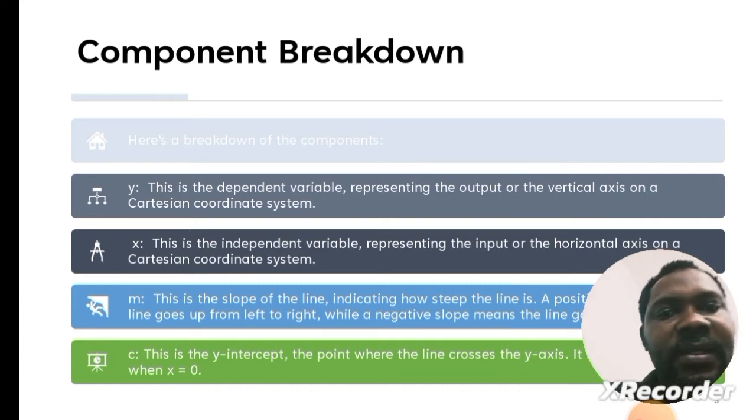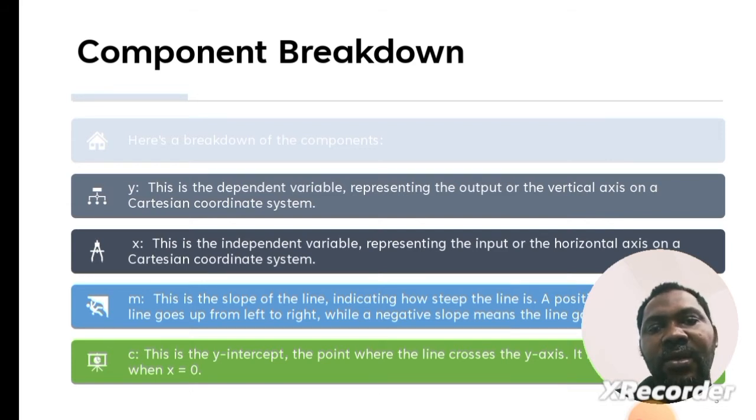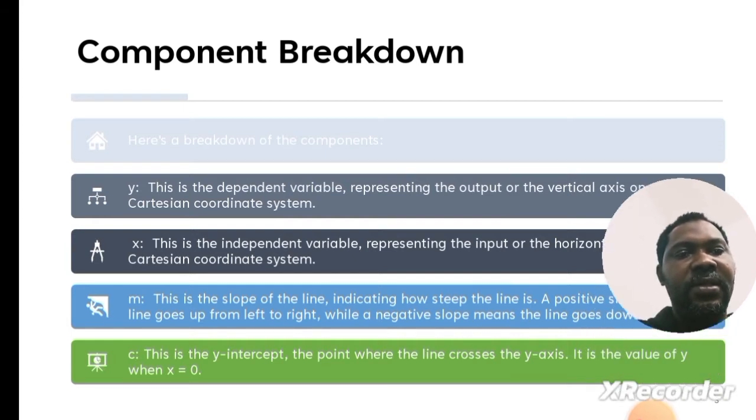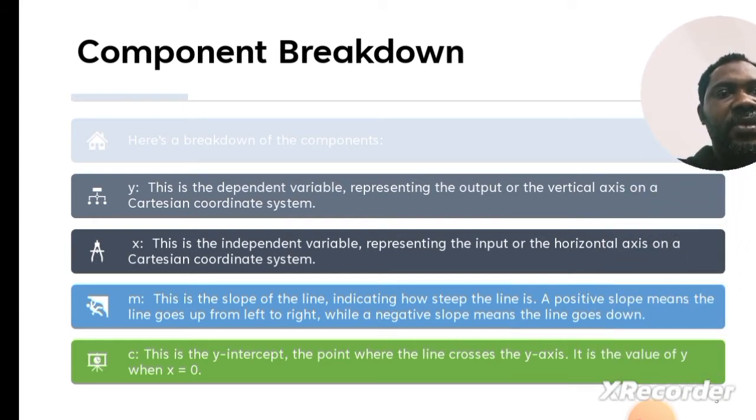Then x is the independent variable, representing the input or the horizontal axis on a Cartesian coordinate system. So y and x are variables.